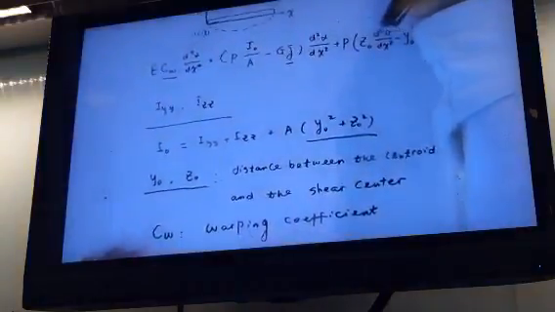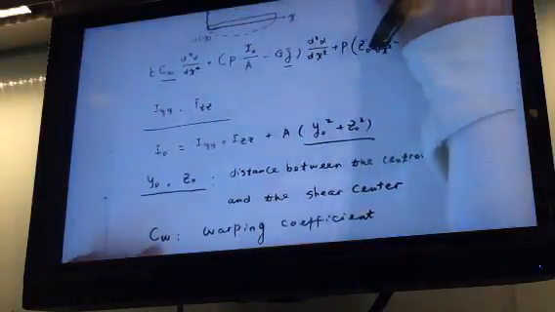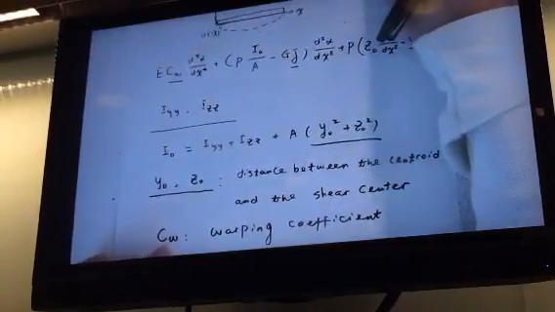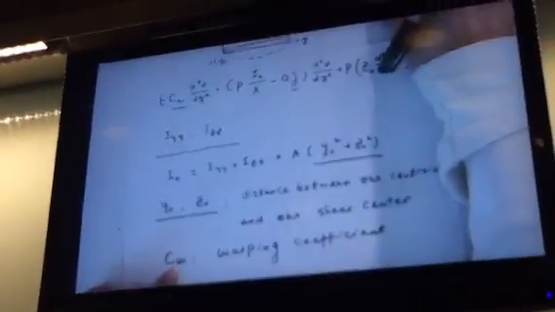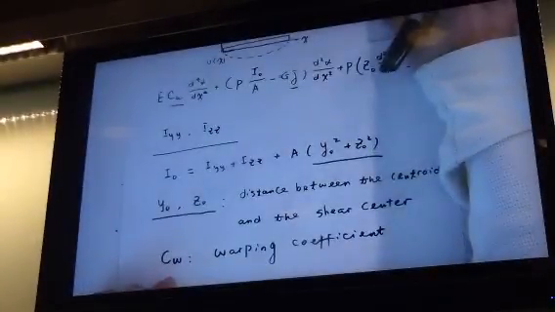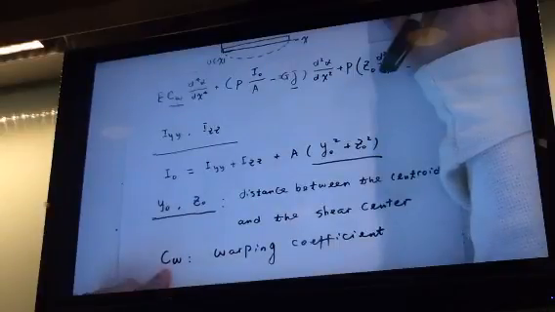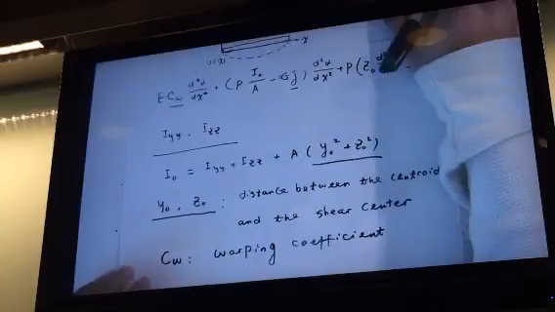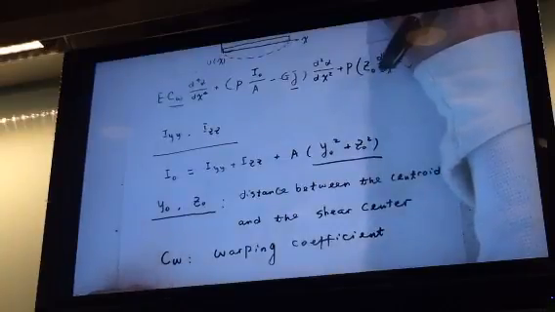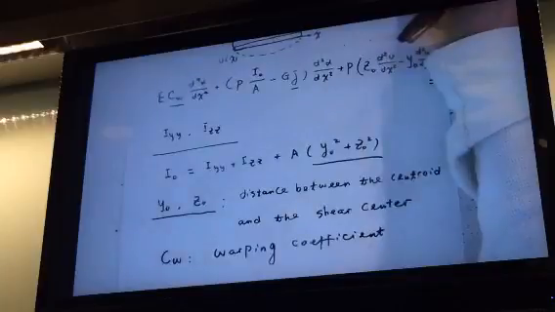I'm going to do one example, and in homework 5, I give this C_W to you, so you don't have to calculate the warping coefficient. I don't know if this is covered in mechanics of materials or not. Many professors will not cover this. So I'm going to give this number to you. You don't have to figure out how to calculate it, because this is also a sectional property, just like I_YY, I_ZZ.